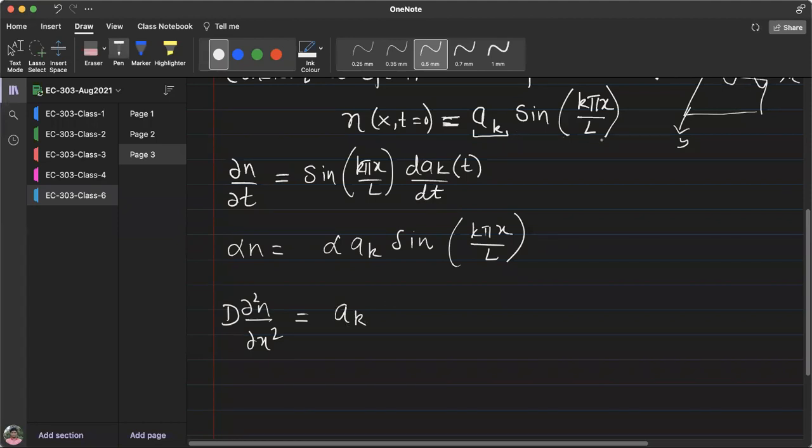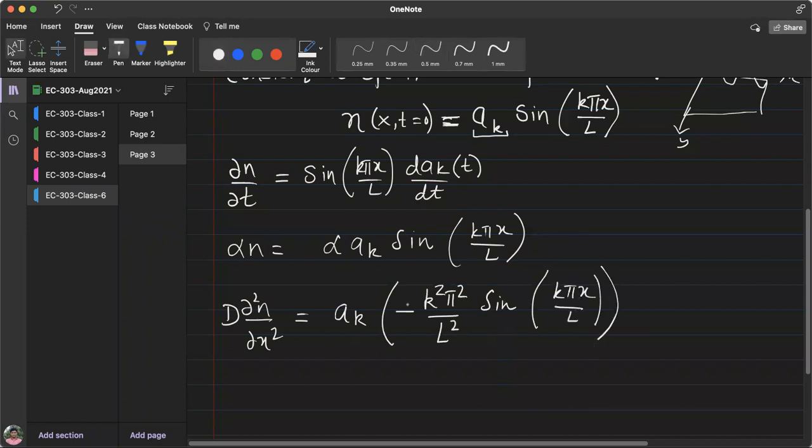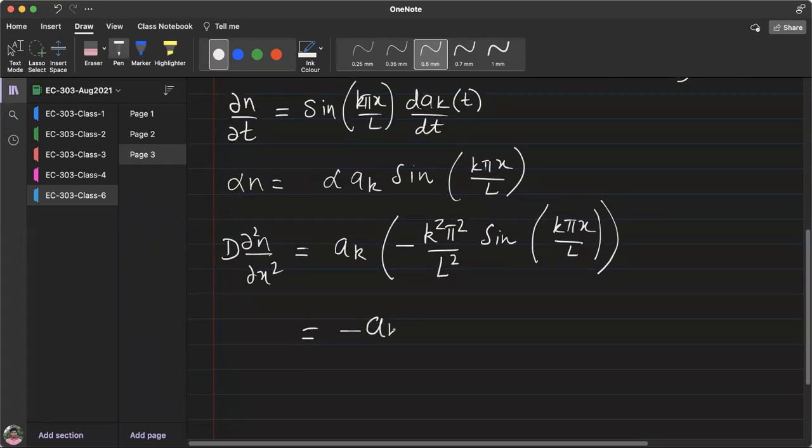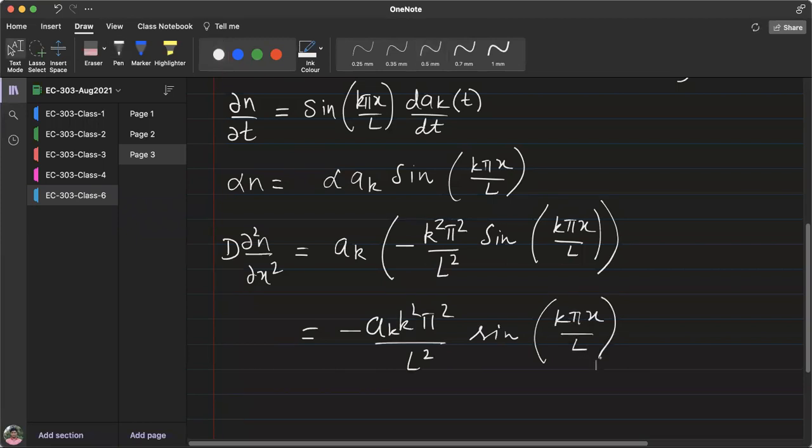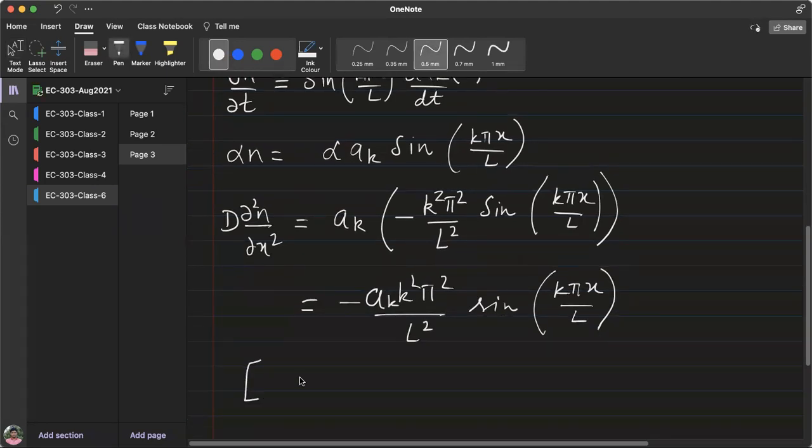If you take the derivative of the sine two times, you get the sine back with a minus sign and a coefficient which is the square of the term inside the sine. This becomes minus A_k k squared pi squared divided by L squared times sine of k pi x by L. Recall that d squared by dx squared of sine omega x is equal to minus omega squared sine omega x.